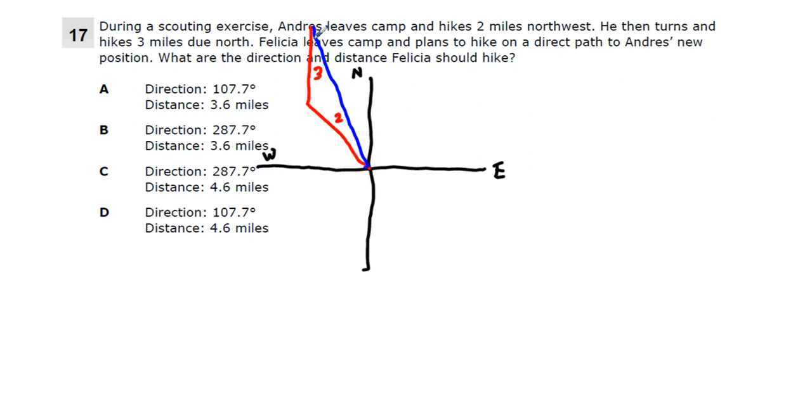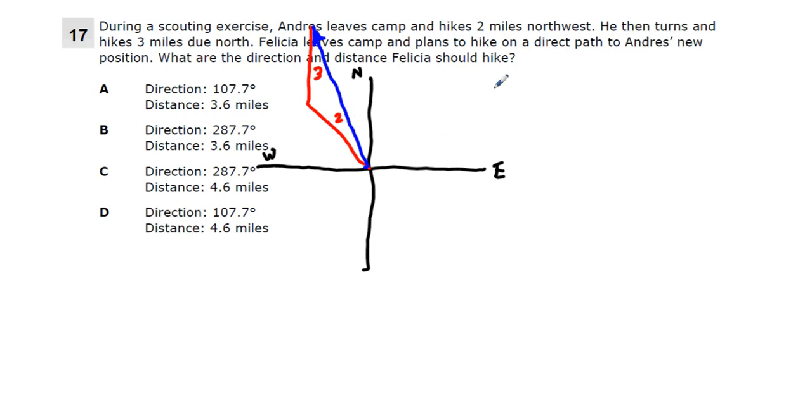Felicia's going to go straight. Well, we should know that already, Felicia's going to go less than 5 miles. And I'm thinking it might be this one right here. Okay, direction. I think it's going to be this one right here, because here's the direction. But we can go ahead and figure out what it is.